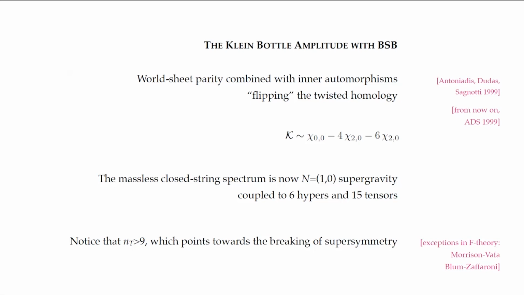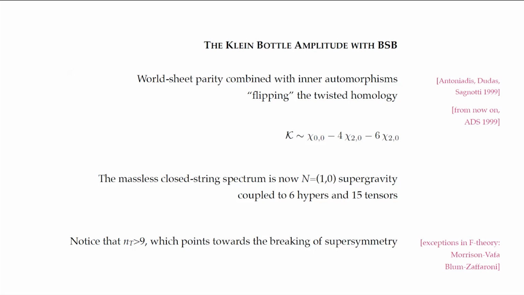But as you increase the number of tensors, automatically this brings you a positive contribution to the tadpole from the orientifold planes, which then involves, as Emilian explained before, the introduction of anti-branes, which automatically then give you a non-supersymmetric spectrum. Okay. Now, at the non-perturbative level, in F-theory, there have been vacua which have been constructed, which involve more tensor multiplets. But from the perturbative point of view, this is the story.